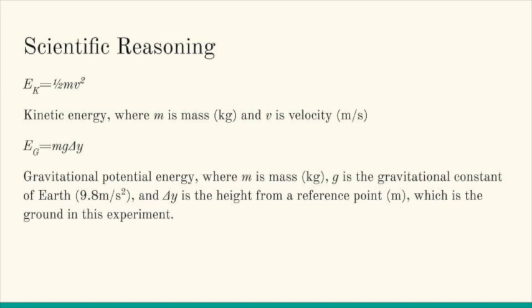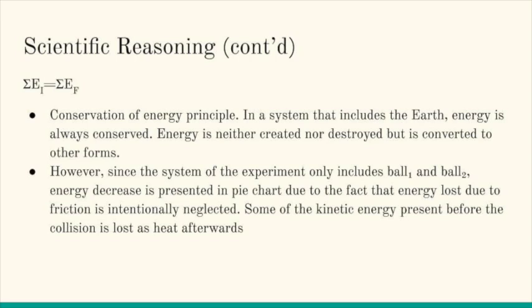This slide displays relevant energy equations. We used the gravitational potential energy to calculate the initial velocity of ball 1. The conservation of energy principle is a very relevant concept in our experiment because in a system that includes the Earth, energy is always conserved because energy is neither created nor destroyed, but is always just converted to other forms.